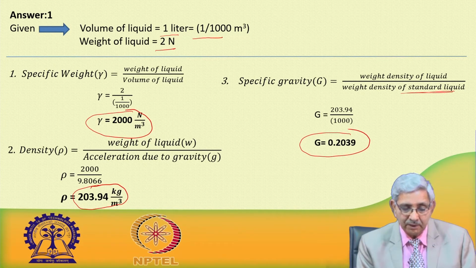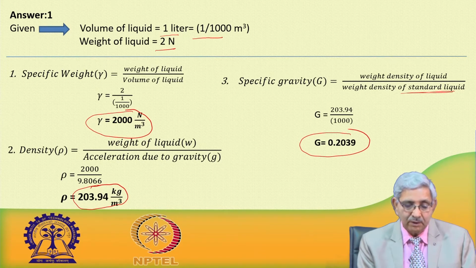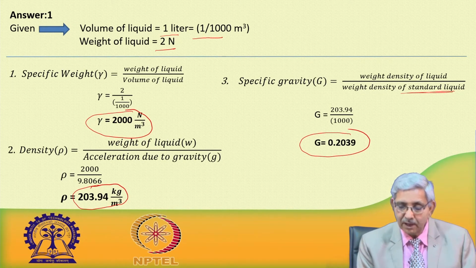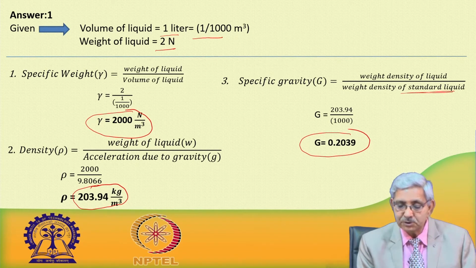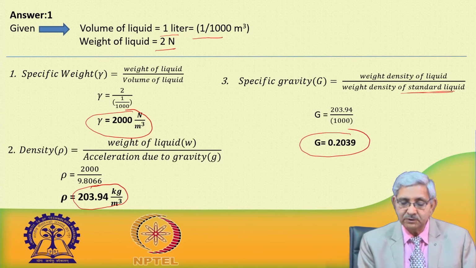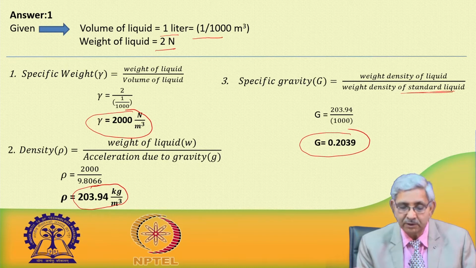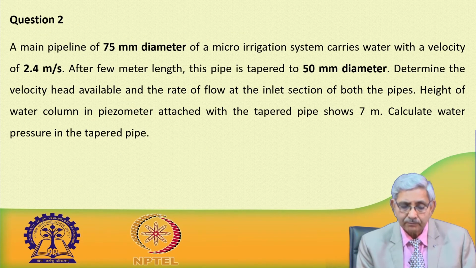We got the specific weight and used it to find the density, and then having got the density, we got the specific gravity of the same liquid. So, this is a simple unit conversion way of working out these values.